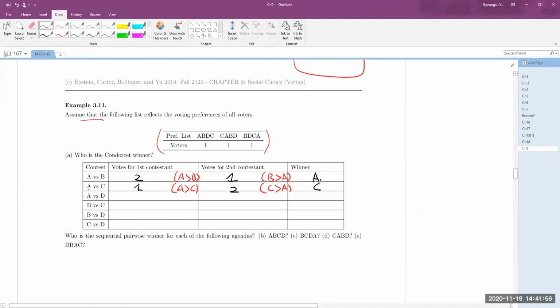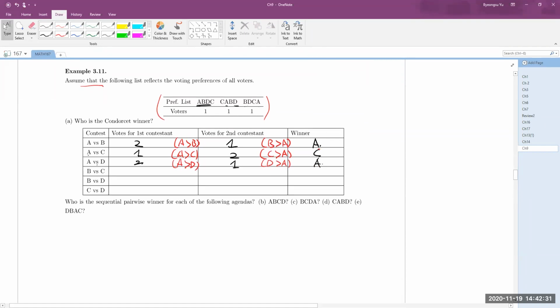And in the case of A versus D, in the first preference list, A is better than D, and in the second preference list, A is better than D, but in the last, D is better than A. So here, there are two voters who think that A is better than D, but one voter thinks that D is better than A. So here, the winner is A. And again, you can compare like this.